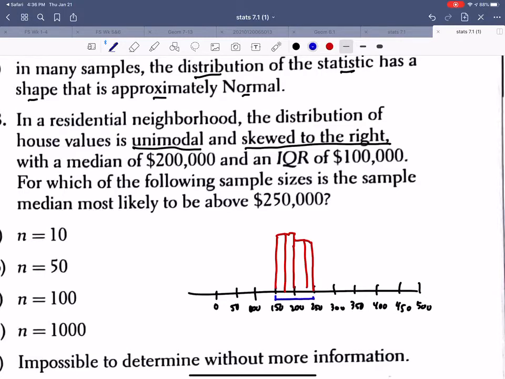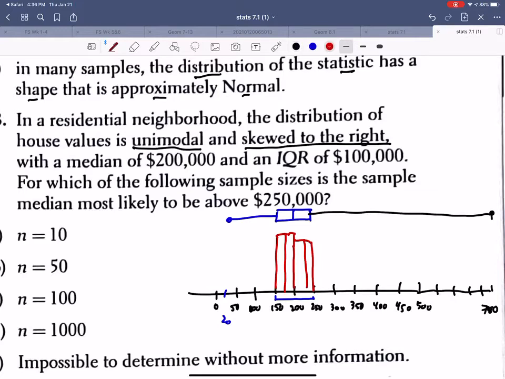If I overlaid a box plot, my median is at 200, and then here's the whisker. Maybe the cheapest house in town is 20 grand. And maybe the most expensive might go crazy here, right? It could go way up here to $1 million or more. Let's say the fanciest house in this one residential neighborhood is $750.